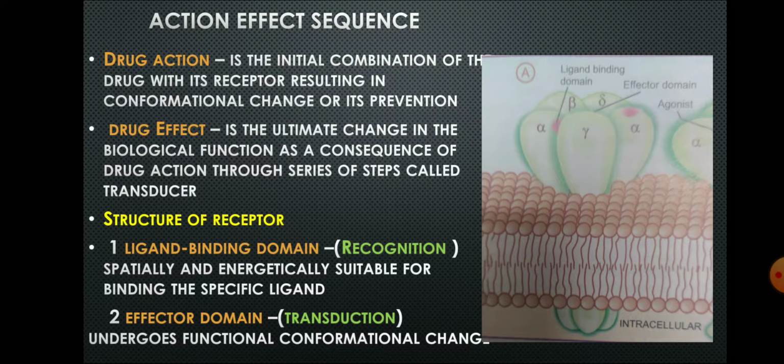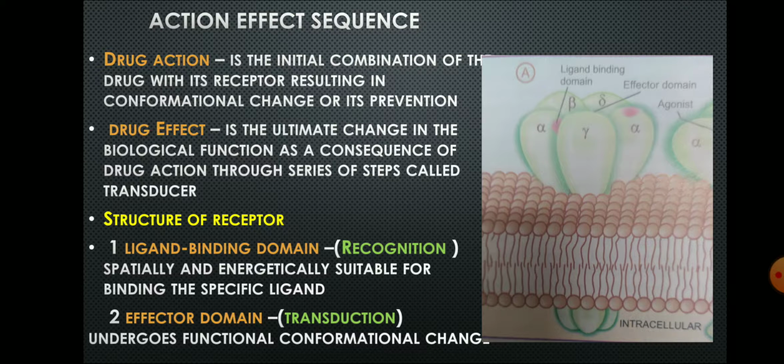It recognizes the drug molecule, and it is spatially and energetically suitable for binding the specific ligand. We saw in the previous video that a ligand is a molecule having affinity for the receptor. So the ligand binding domain is spatially and energetically suitable for binding the ligand.